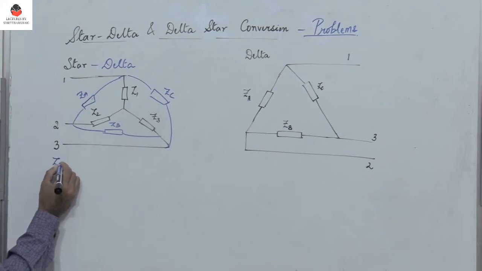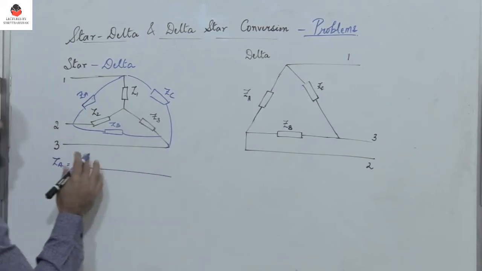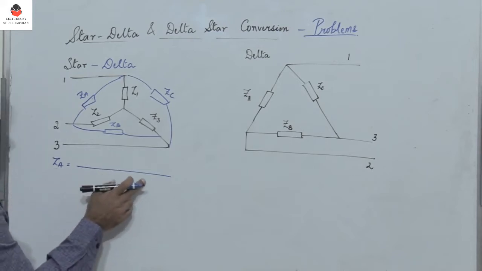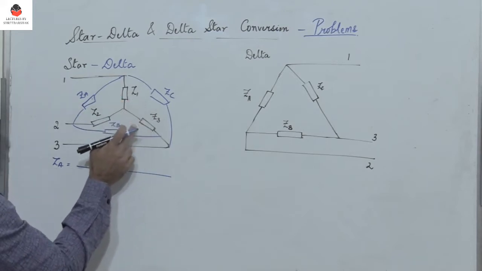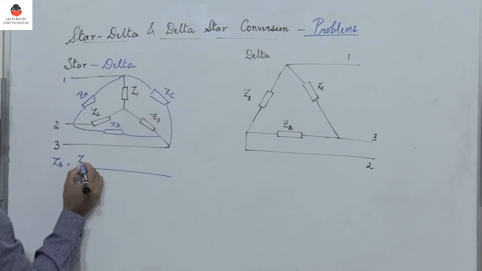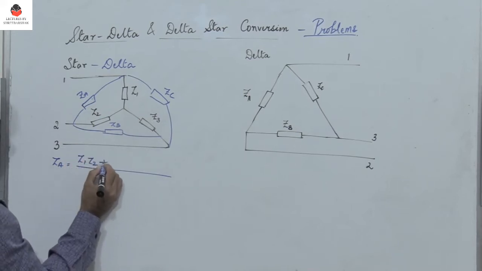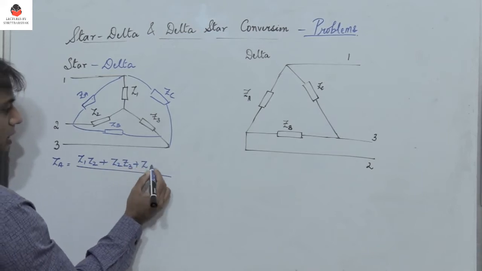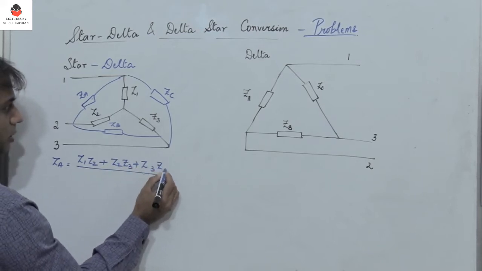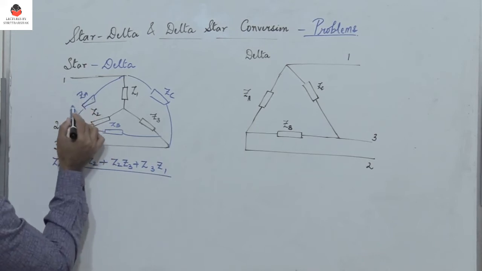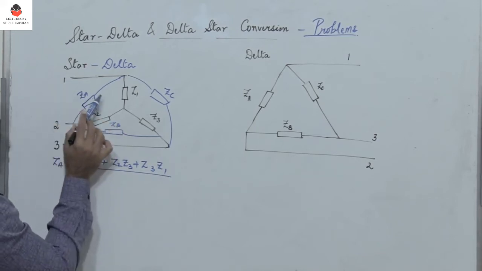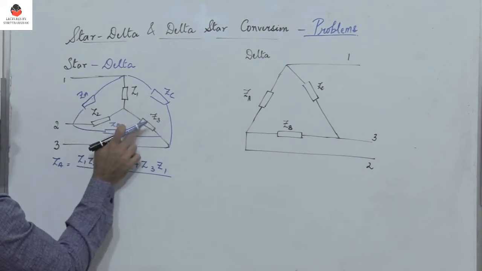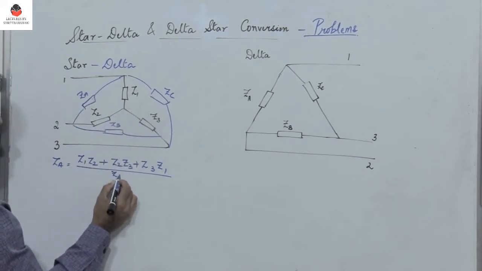So what is ZA? In all the three cases the numerator remains the same. What is the numerator? You have to multiply two impedances at a time, that is Z1 Z2, add it with Z2 Z3, add it with Z3 Z1, and here since I need to find ZA, I have to divide the numerator by the impedance opposite to ZA, which is Z3. Very simple.